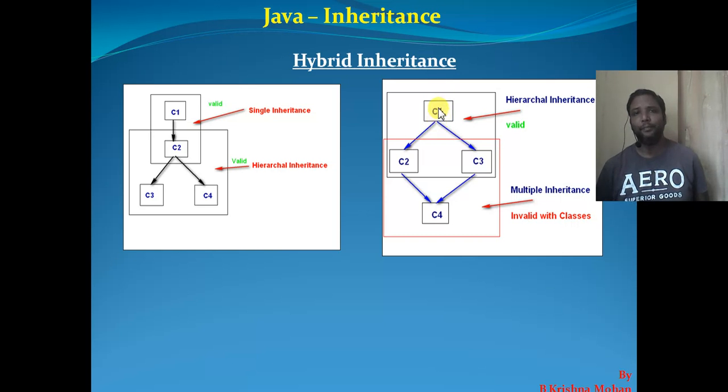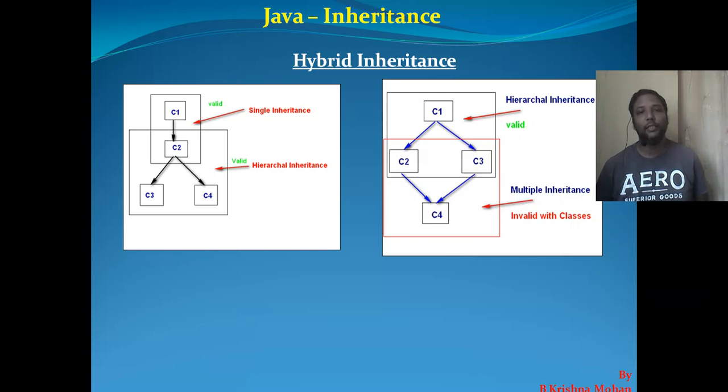Here we have C1, C2 and C3. If you consider these three, this is a hierarchical inheritance and this is valid. And if you consider C2, C3 and C4, it is multiple inheritance, and multiple inheritance is not possible in Java.